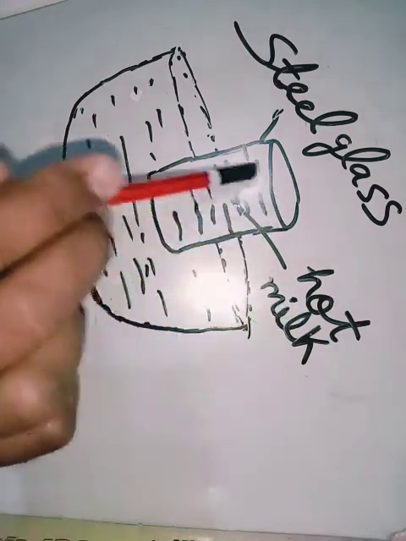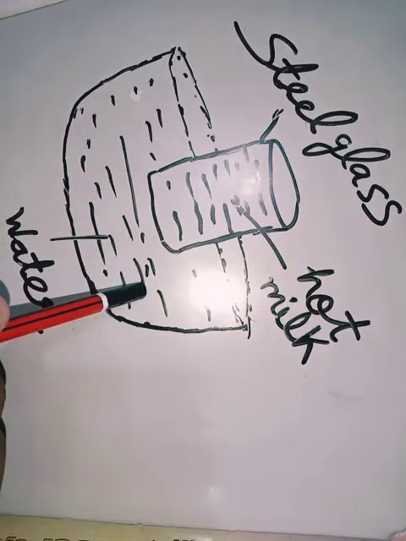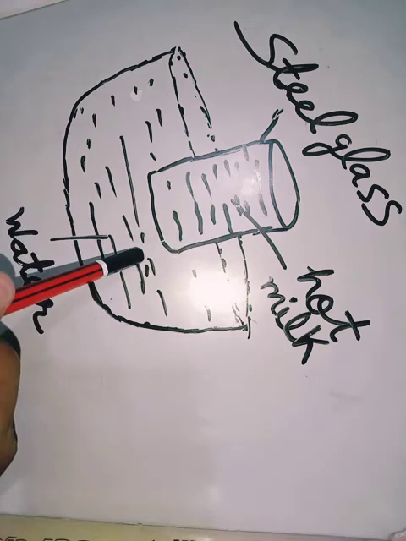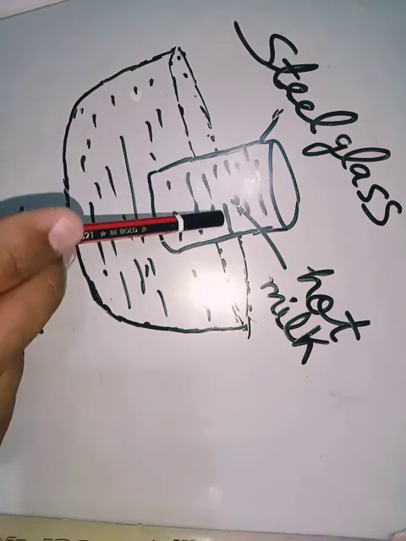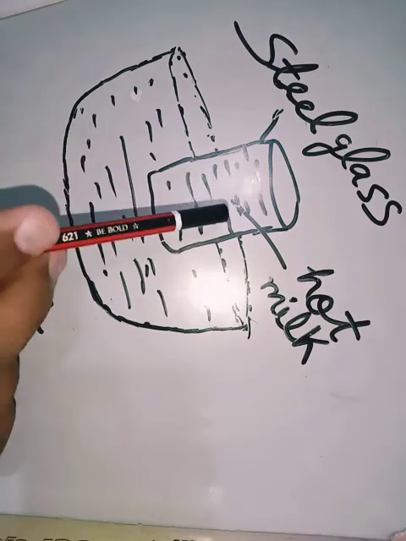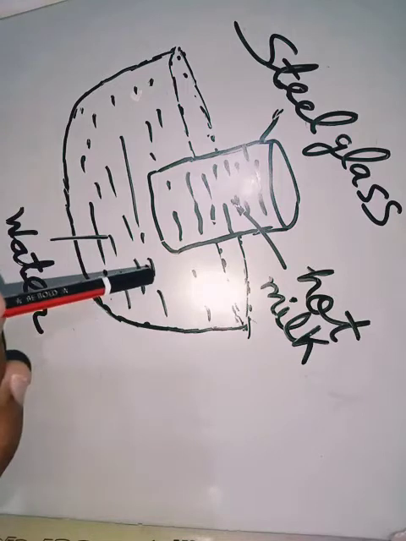So we will learn how heat transfer takes place. If you keep the glass with hot milk inside the water for 2 or 3 minutes, then you will observe that slowly the hot milk becomes cold, meaning it comes to normal, and the temperature of the water slowly rises.